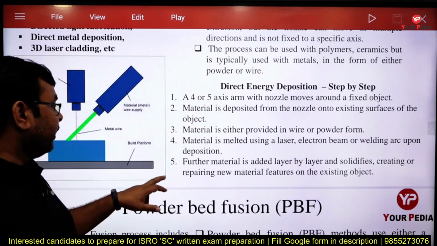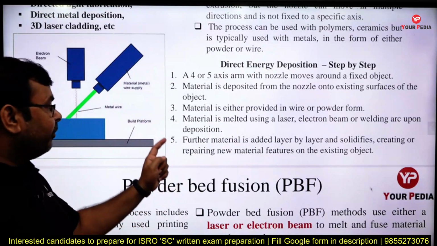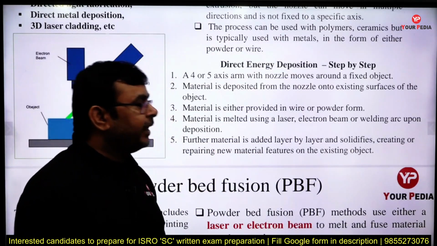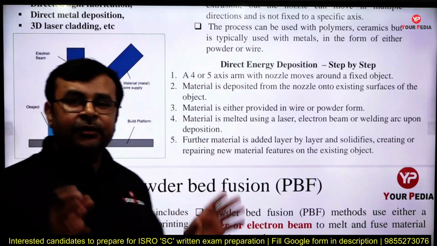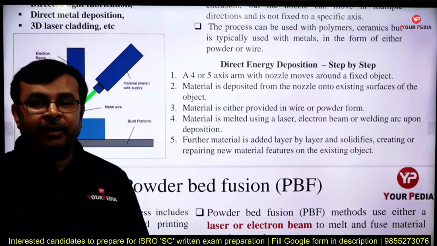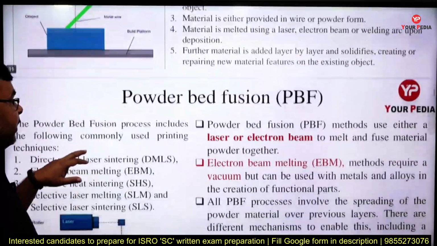Further material is added layer by layer and solidifies, creating or repairing new material features on the existing objects. So this technology is used for making any new component, and we can also use it for repair work. So this is all about the direct energy deposition method.